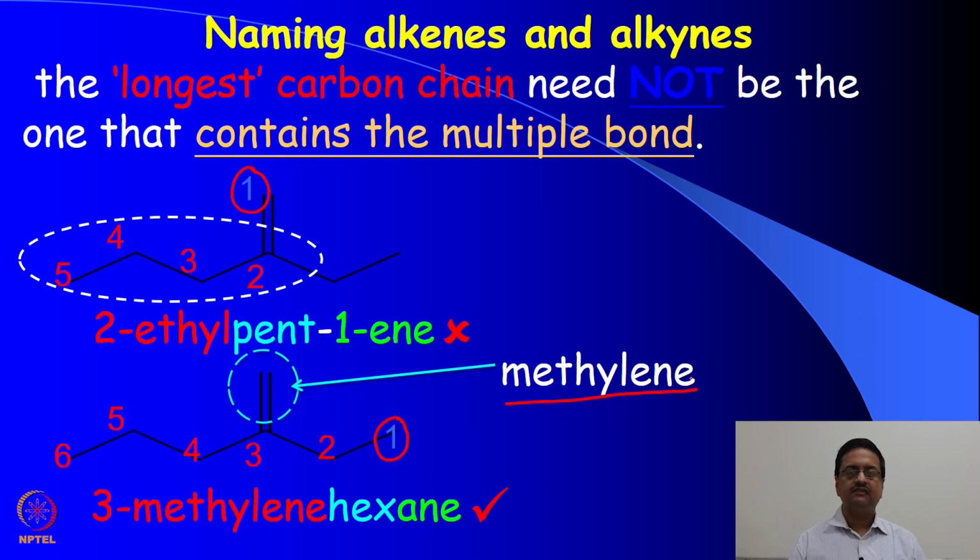So, when you try to write the name of this compound, we do not take the longest chain containing the CC double bond, rather we take a longest chain which is not containing the double bond, and the double bond is outside the chain. So, we write this as 3-methylene hexane.